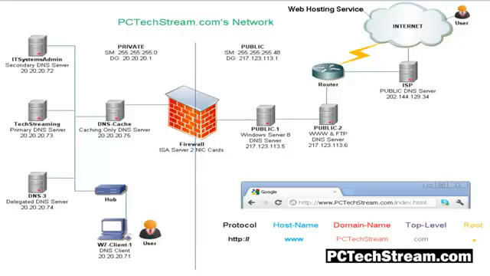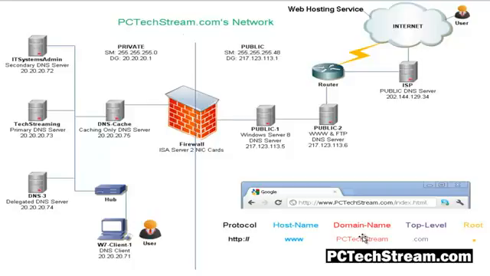Okay guys, let me tell you what you really have to have in order for you to host your own website. First, you go to a web hosting company and buy a domain name. This domain name can be the name of your company or your business, right?